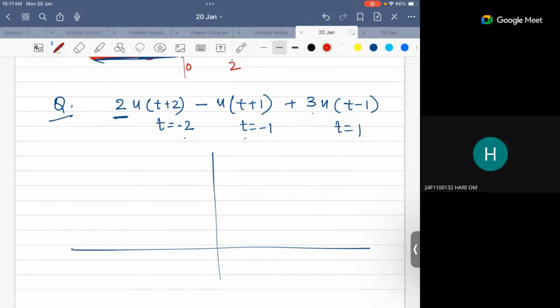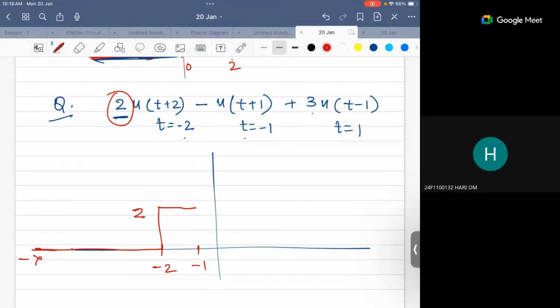From minus infinity to minus 2, the value will be what? 0. Correct? And at minus 2, there will be a jump of how much? 2. Correct? So 2. And again at minus 1, it will go till minus 1 at the value 2. Now at minus 1, what happened?